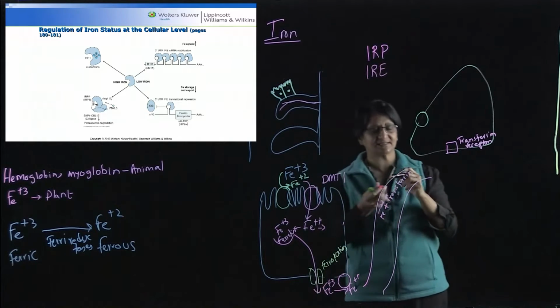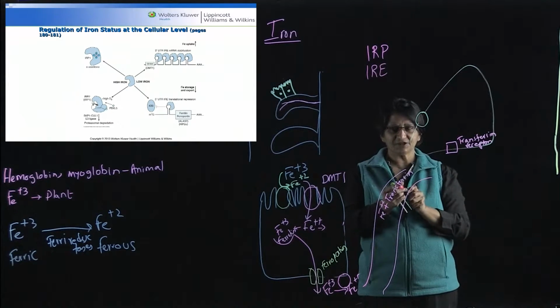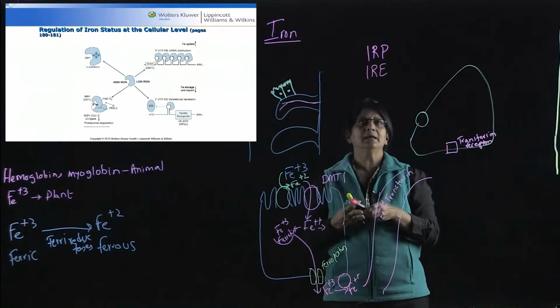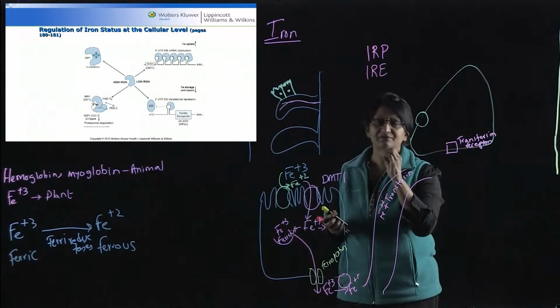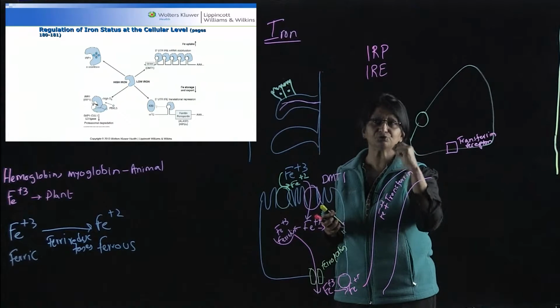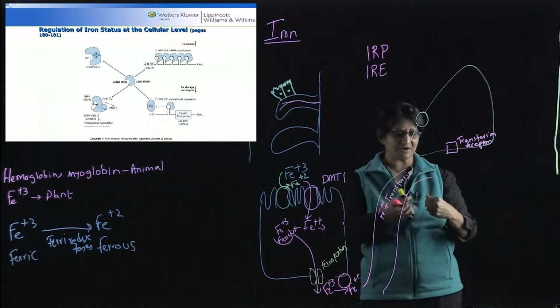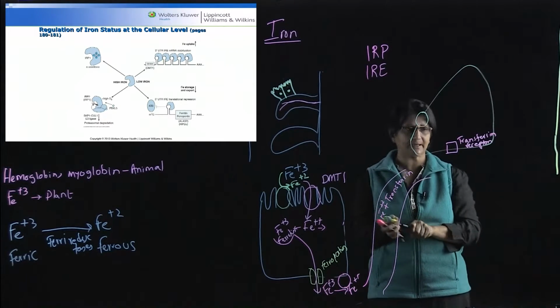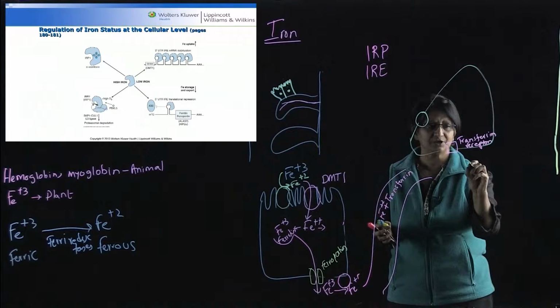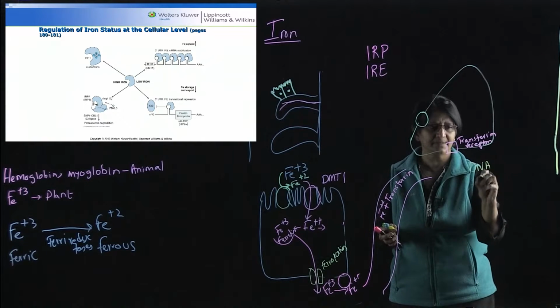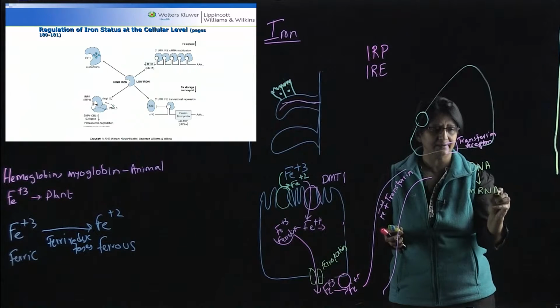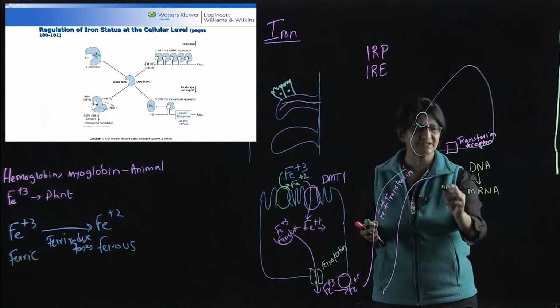How do they exist in general? In any cell, whenever you have to make a protein, you have to go through transcription and then translation. Transcription means you take DNA and make mRNA, and all of this happens in the nucleus.